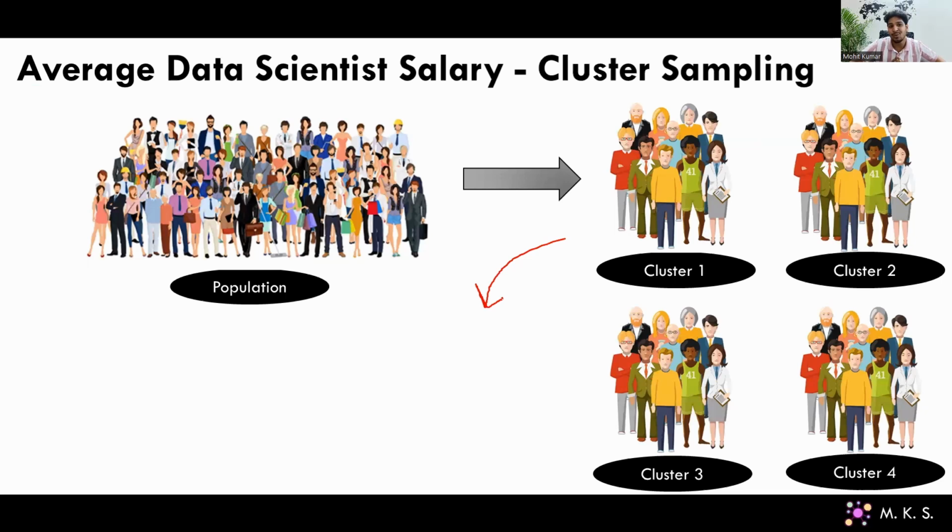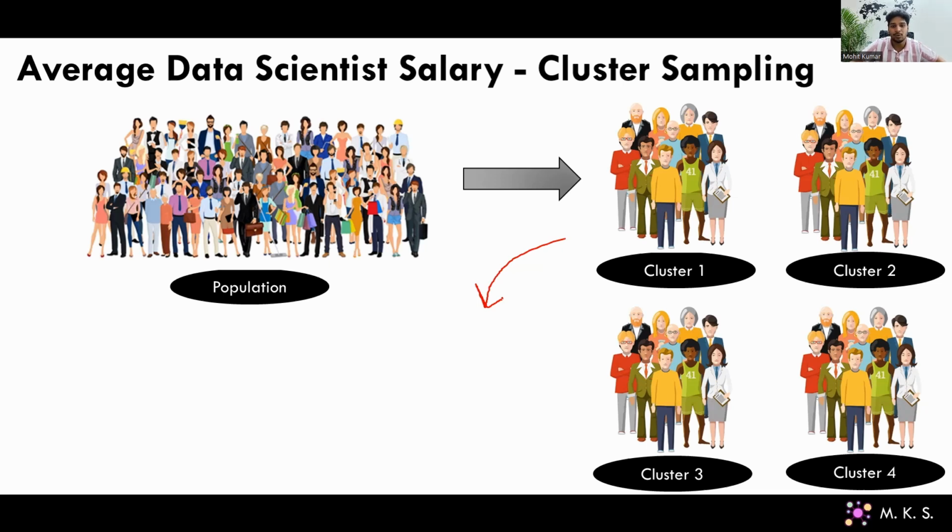And if I need to get data scientists from Hyderabad, I need to spend more time, more effort, and I might need to travel, right? So for that, I need to spend money as well. So what happens? We simplify the stratified sampling technique.